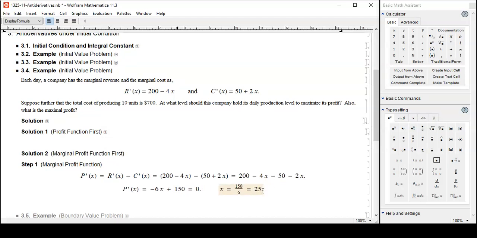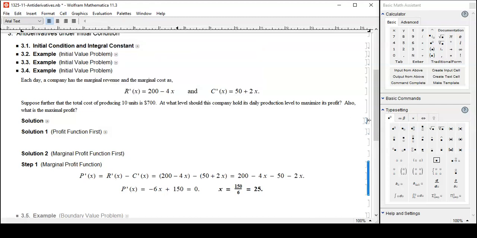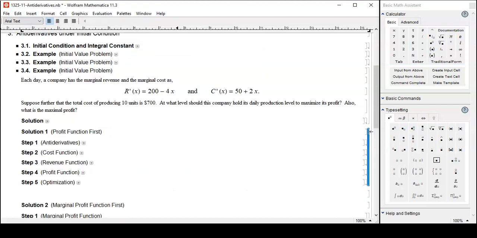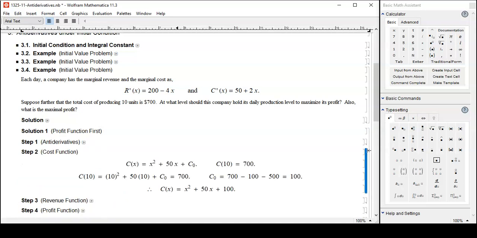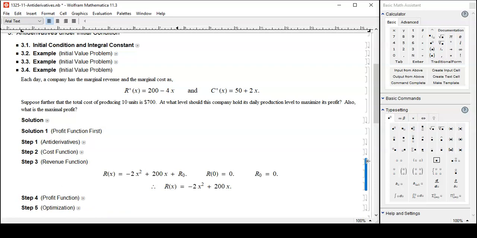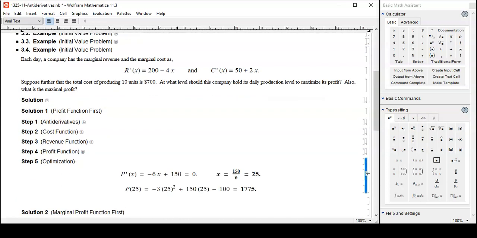So, compared with the previous problem, I got the daily production level right away in step 1. Previously, we did antiderivative computation, cost, revenue, profit, and then take the derivative and set it equal to 0 to find out the daily production level.